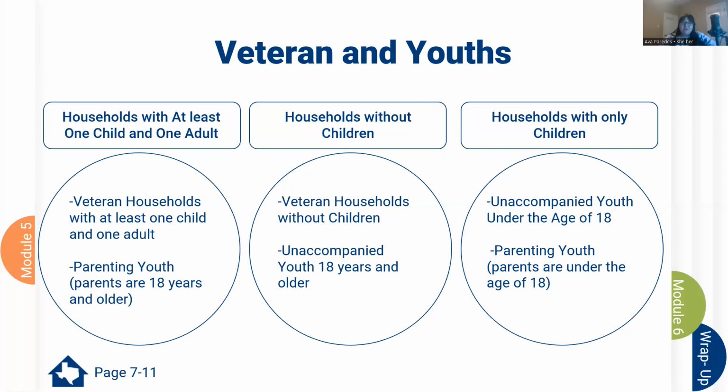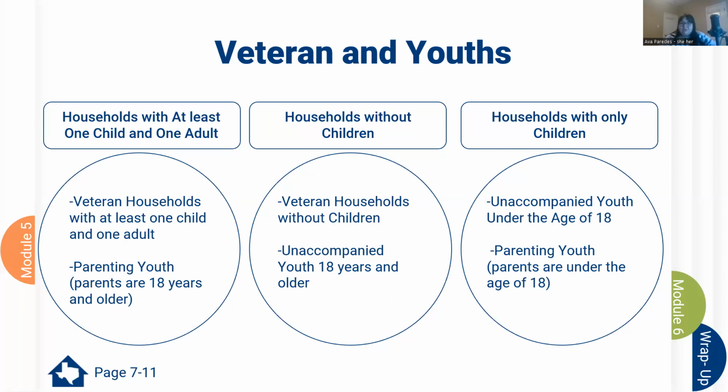So it's also important to note which subpopulations overlap with the three main household types that we talked about earlier. This is where some of these subpopulation households are also counted under those three broad household types. Veteran households with at least one child and one adult, and parenting youth, where the parents are 18 years and older, will overlap with the households with at least one child and one adult category.